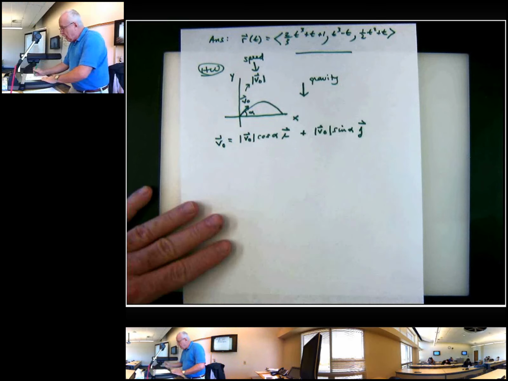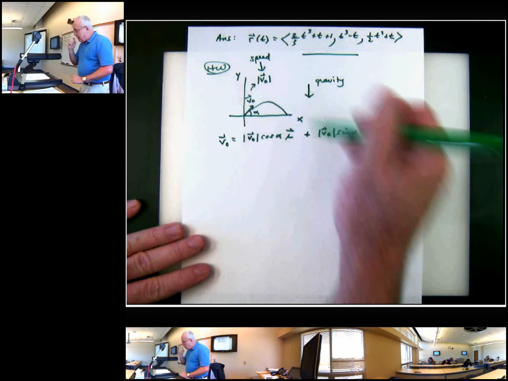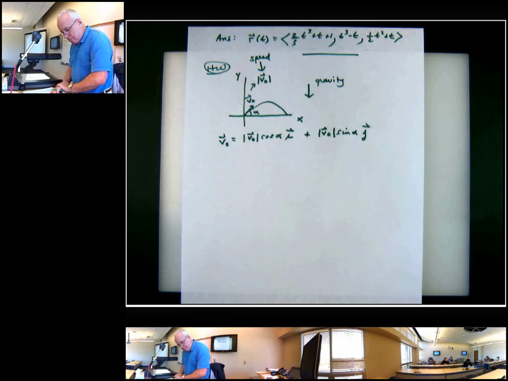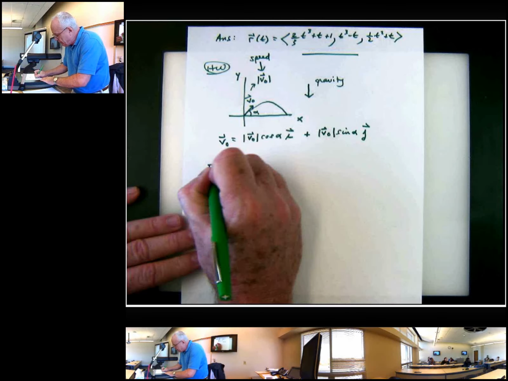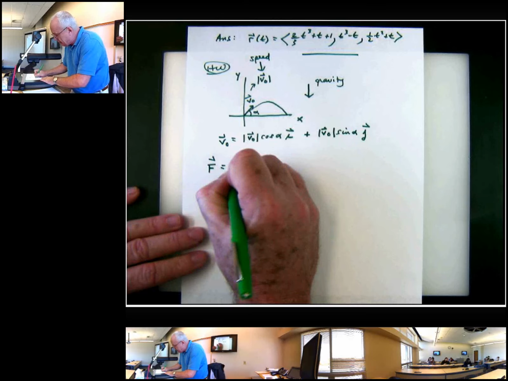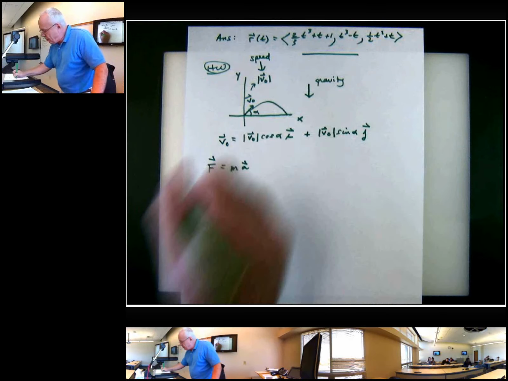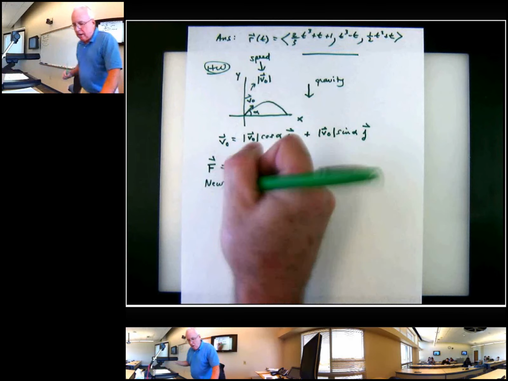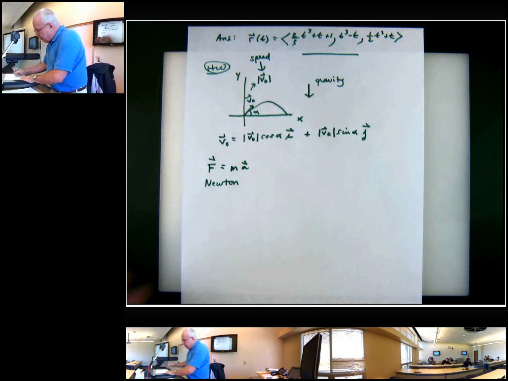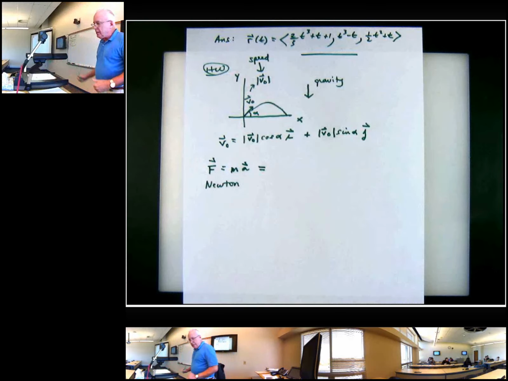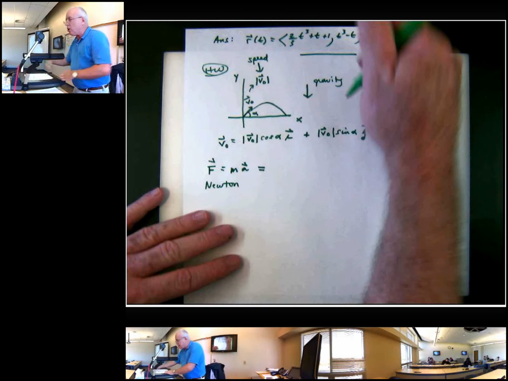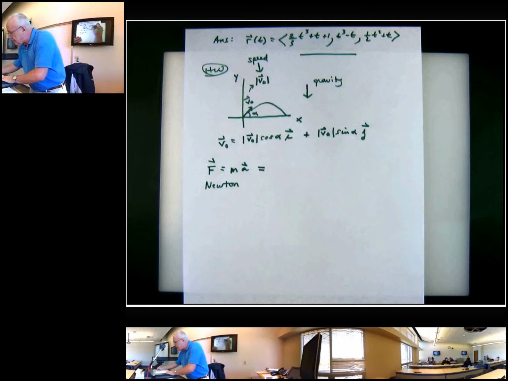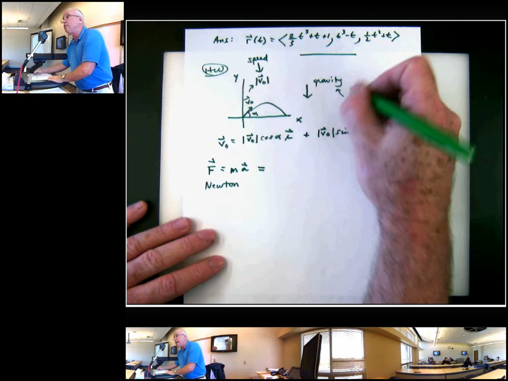Now, the only thing working on this is gravity. So first of all, we know from Newton that F is equal to m times the acceleration vector. And we're saying that the only force on this is the downward gravity force. Because it's going downward, we're going to say that this is working in the negative direction.